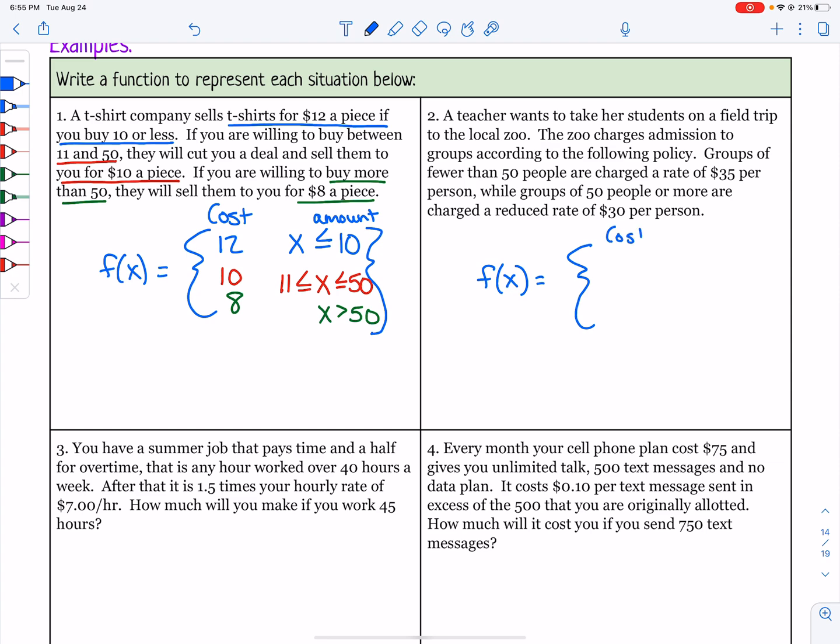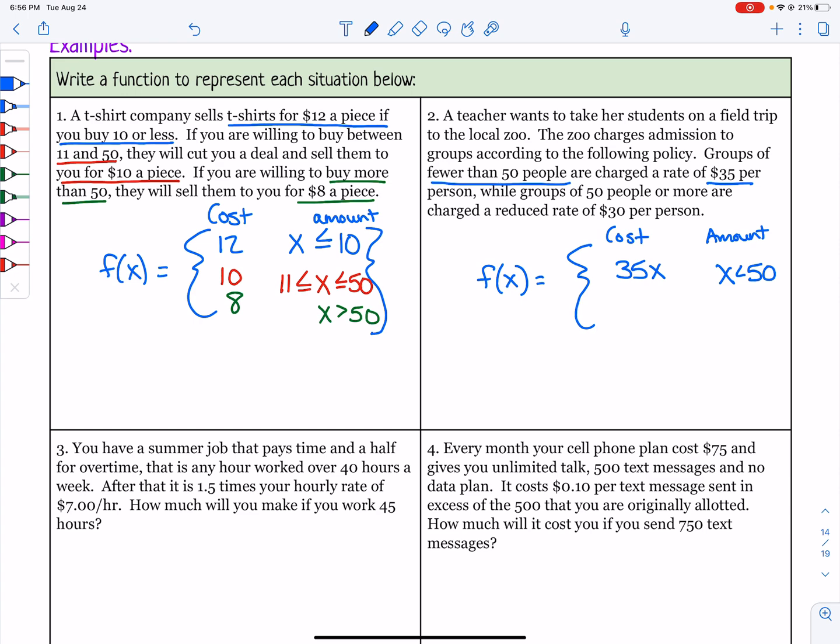We're going to have cost and we're going to have amount of like people over there. So the zoo charges admission groups of fewer than 50 people. So x is less than 50. They're charged $35 per person. So we could just put that there. And we could put 35x because x would be how many tickets we buy.